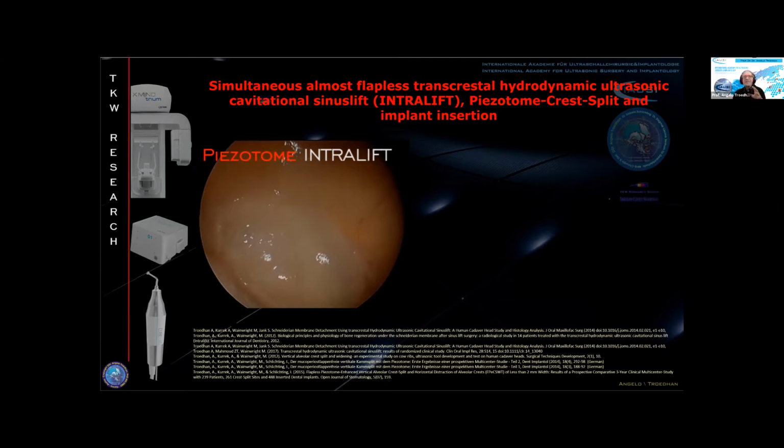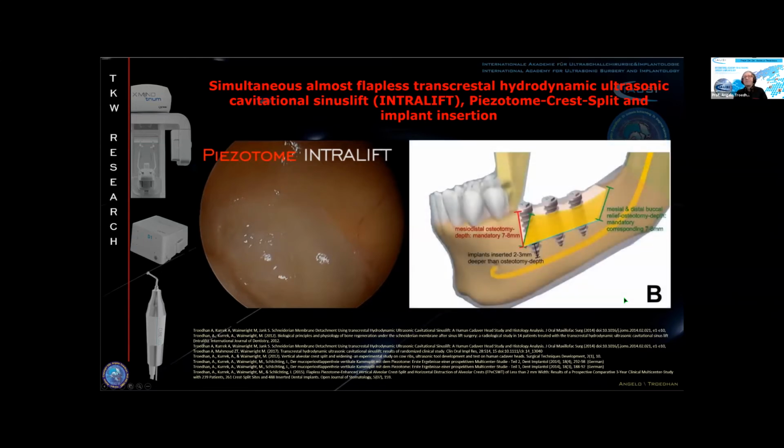And the perforation risk is much lower than with lateral approach sinus lift. And all this you can achieve through a 2.8 millimeter hole transcrestal approach.